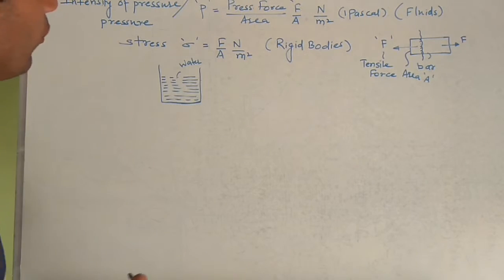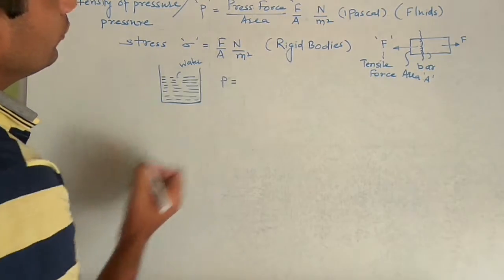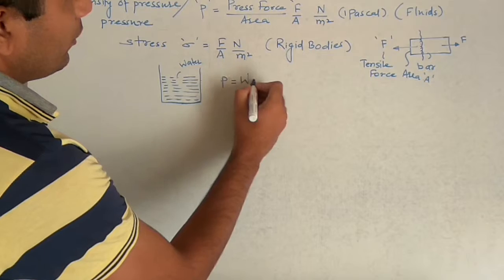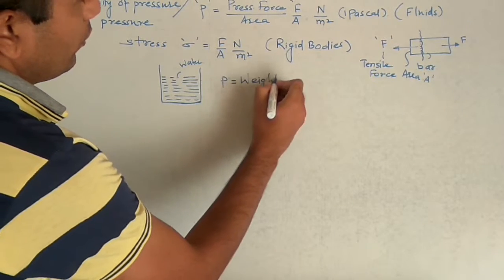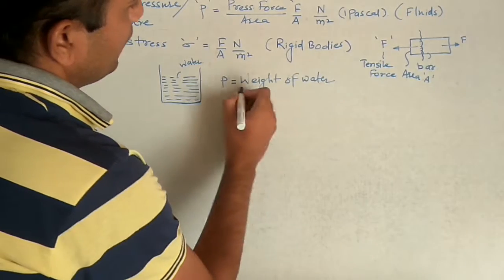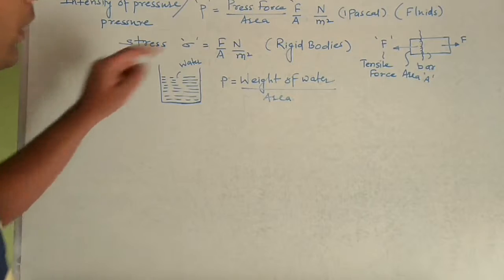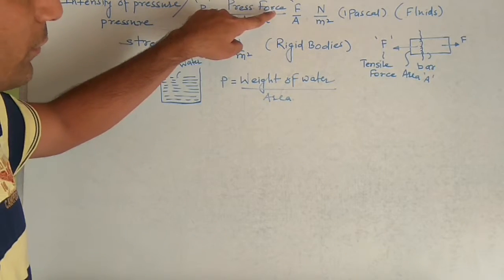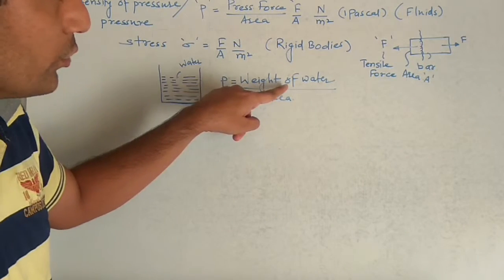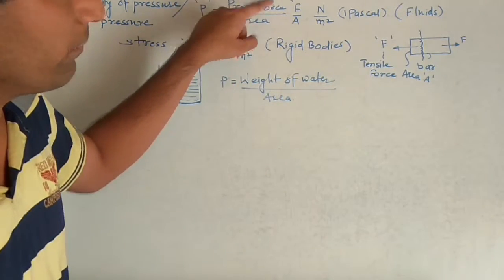So actually what is pressure? P is equal to weight of water divided by area. Now here we are saying it as pressure force, and here I have written it as weight of water. See, weight is also a type of force.